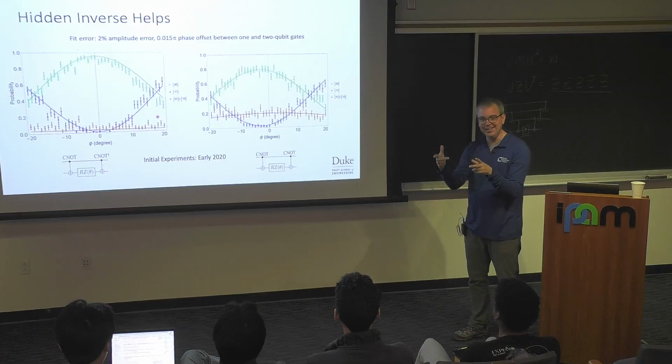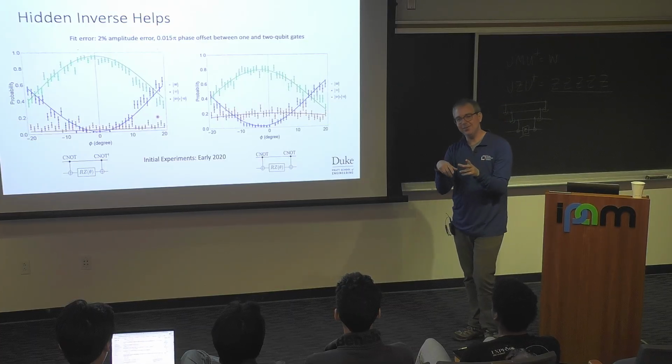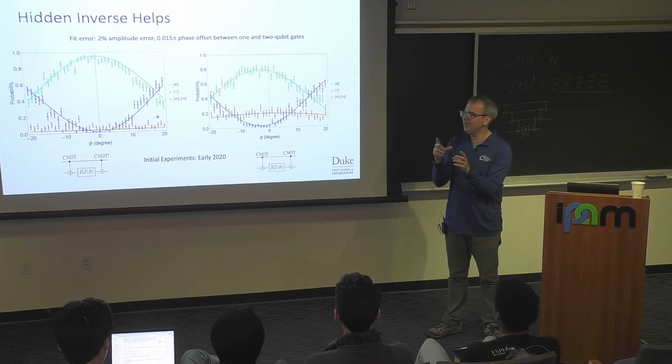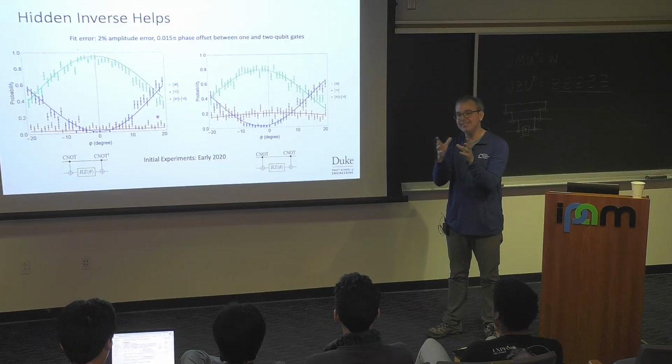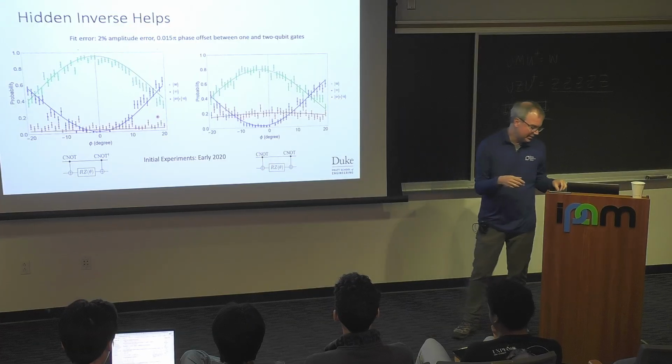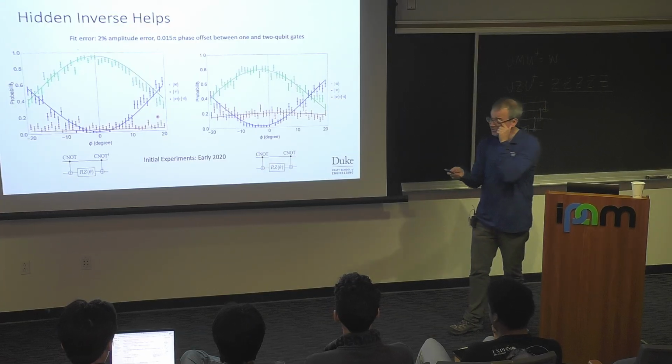And then your 2-qubit gate, X, is also defined relative to that clock, but due to different experimental features, you might have some unwanted Z that comes in, which is different when you apply a 2-qubit gate than a 1-qubit gate. And so it turned out that this hidden inverse also helped that.